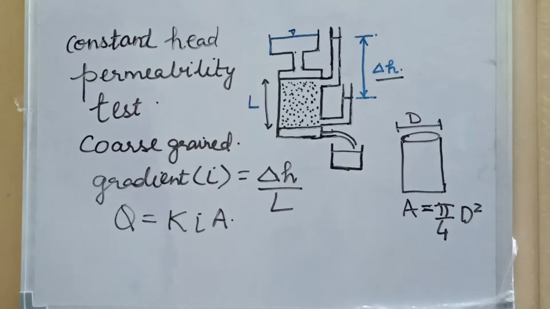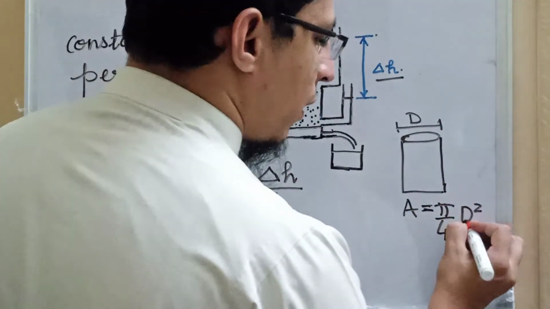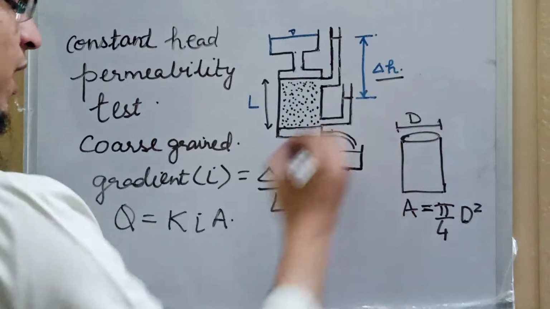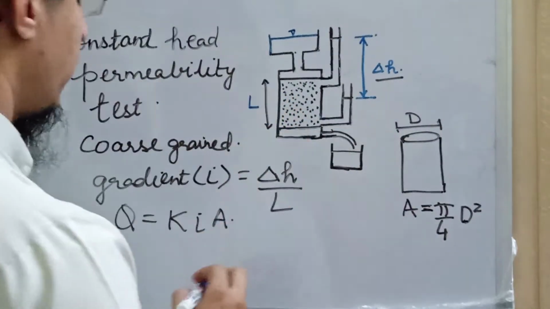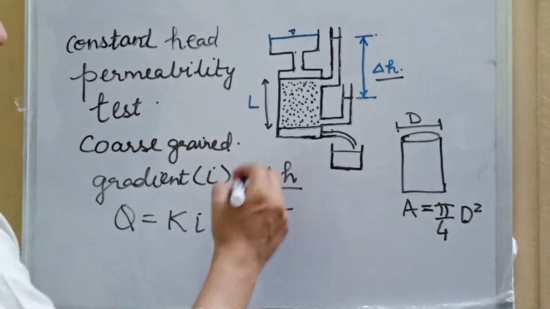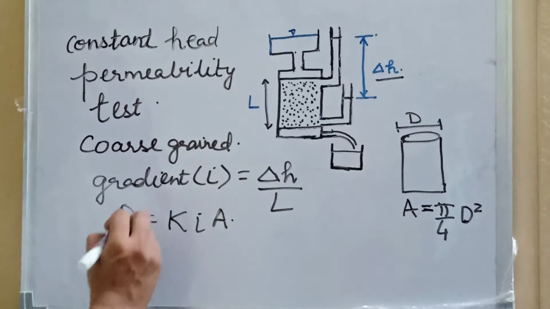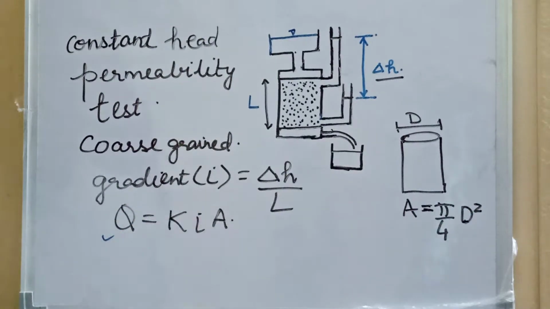For a cylindrical mold it is pi by 4 d square. So in this way we can determine the area of this mold. And now we also know the value of delta H and the length of soil sample, that is, delta H upon L is also known. We need to know the discharge Q, and then using that we can measure the permeability of soil, or the constant K.